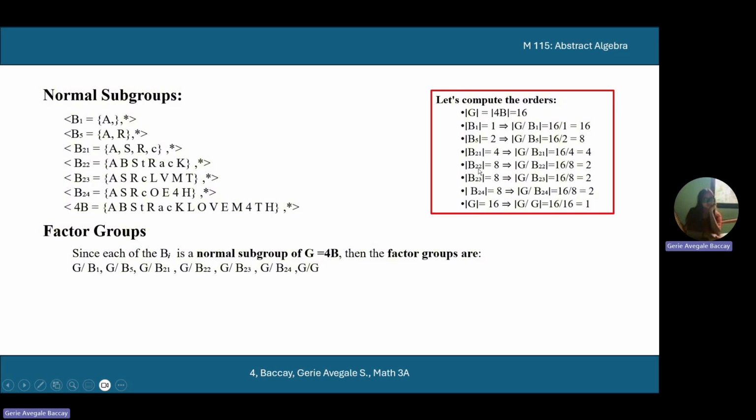And then B sub 22, B sub 23, and B sub 24 contain 8 elements. That's why the order, or the number of cosets, of B sub 22, 23, and 24 is 2. And then for the largest set, 16 divided by 16 is 1. So it only contains 1 coset.